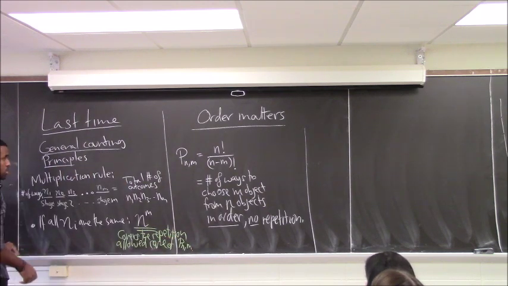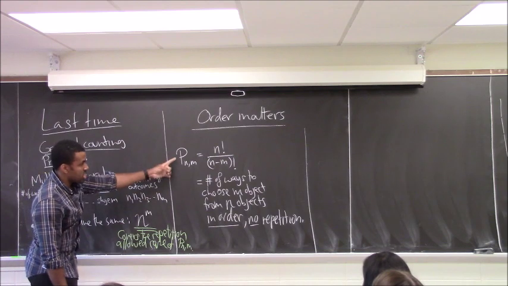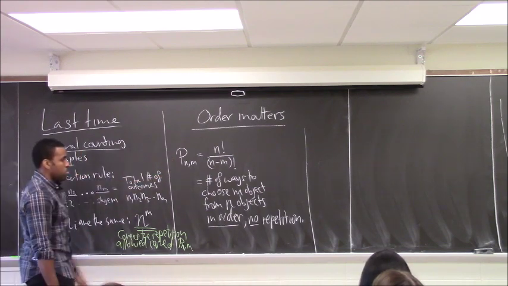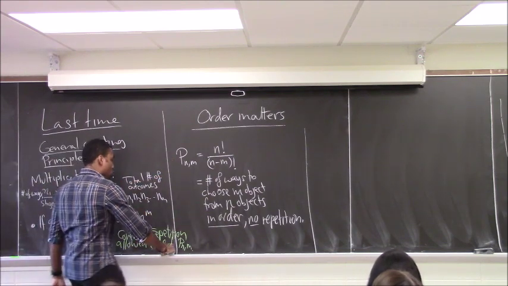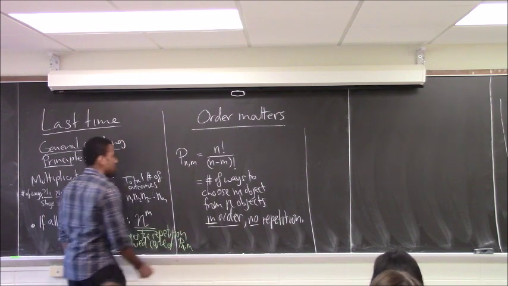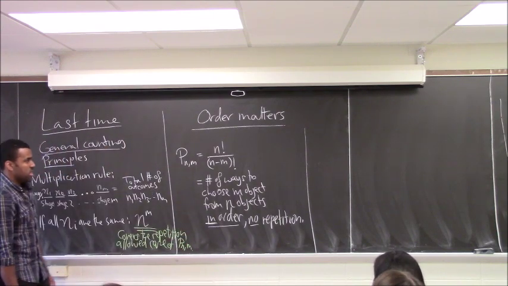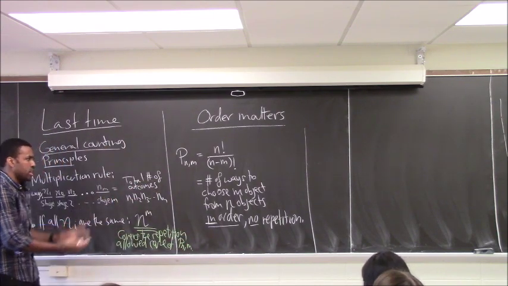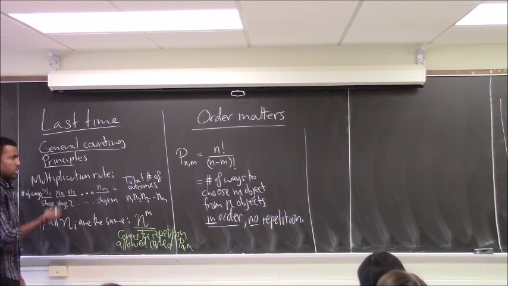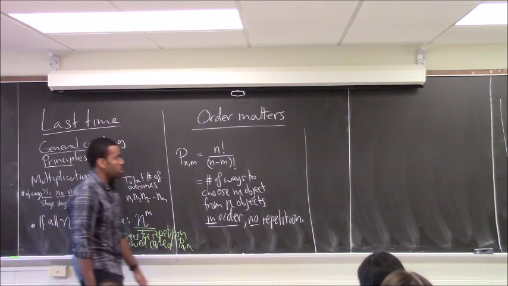So that's what we should be aware of. P(n,m) does not allow repetition, but it does matter the order that you are doing things in. That one was when we're counting tuples, and tuples have some inherent order. There's a first element, a second element, a third element, and so on.